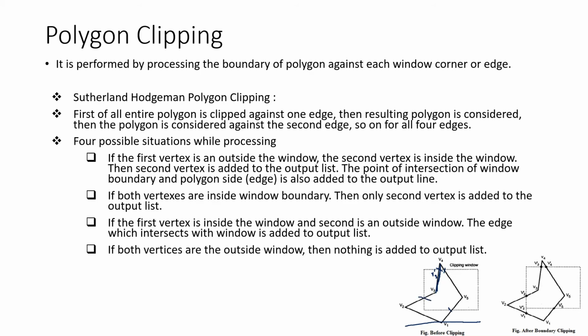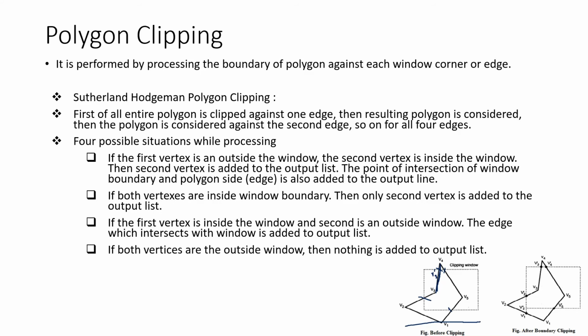Okay. But how can you identify that in total? Because whenever we are considering a line, we should have understood using the region code, using the Cohen-Sutherland algorithm, how you can clip it. But in polygon clipping, it is going to be difficult, as it is having the polygon and multiple lines are working at a time.